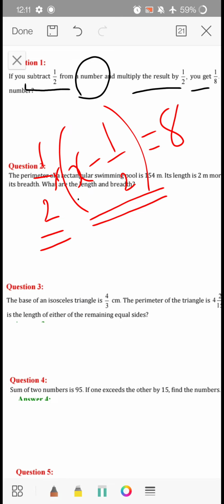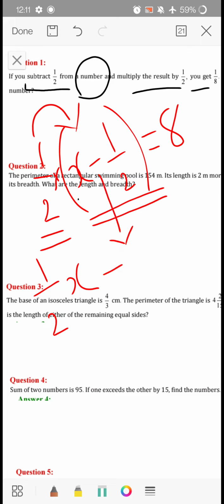But let's go with this method first. So 1 upon 2 into x, you will get 1 upon 2x. Then this minus sign you will keep as it is, and this 1 upon 2 will be multiplied by 1 upon 2. So 1 ones are 1 and 2 twos are 4, is equal to 1/8.